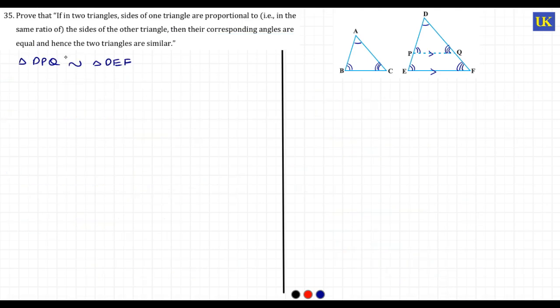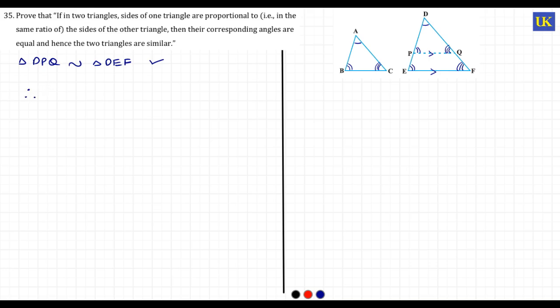So on the earlier page, we proved that triangle DPQ is similar to triangle DEF. So this small triangle is similar to the bigger triangle. Now we can write this in similarity form.